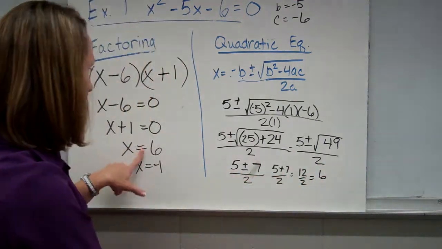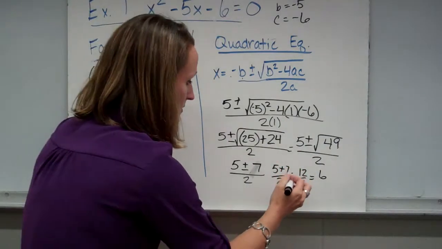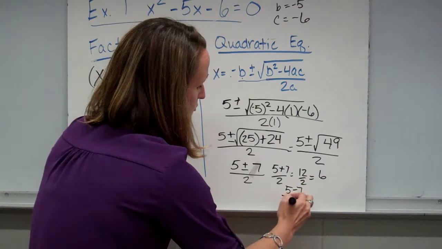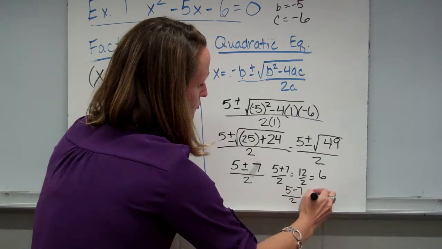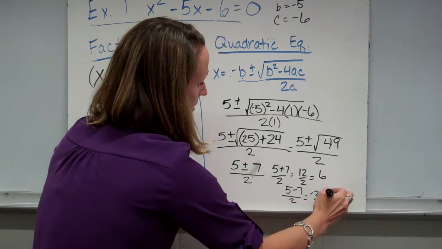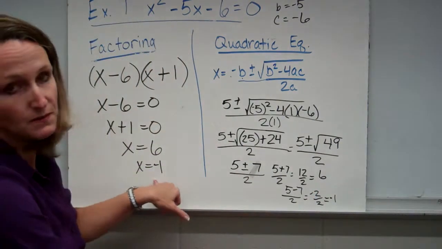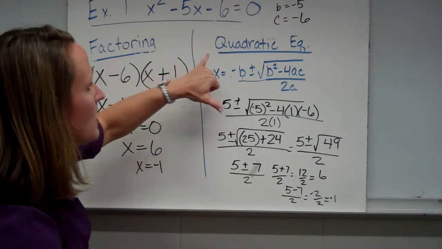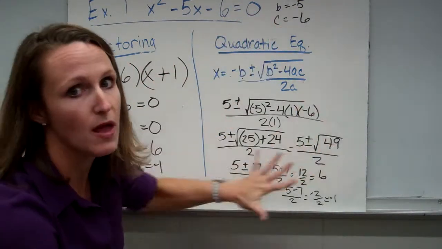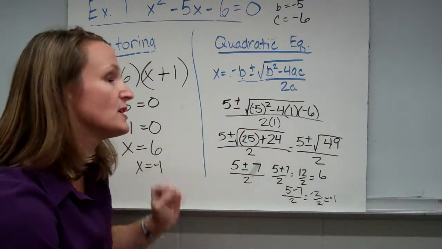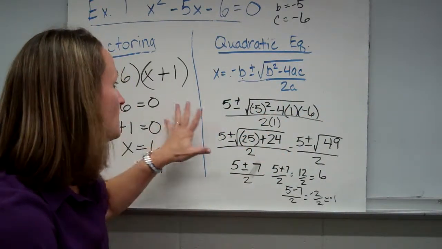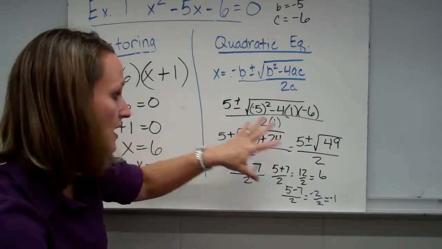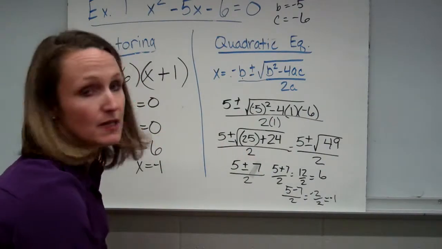Oh, look, 6. Now, 5 minus 7 divided by 2 is the same as negative 2 divided by 2, negative 1. So as you can see, same answers from factoring and the quadratic formula. Whole lot more work, same answers. Again, unfortunately, we can't always factor. We're going to have to do this sometimes. I just wanted to show you we can get the same answers.